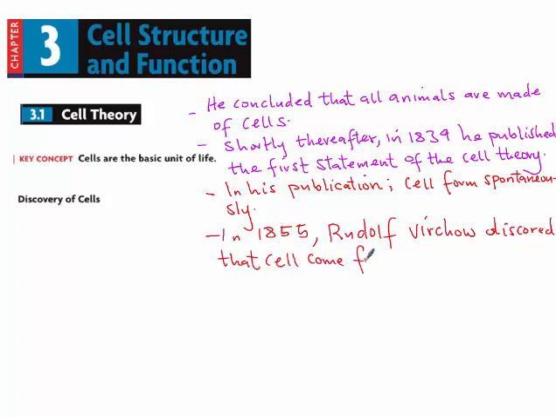He discovered that cells come from existing cells, and this of course crushed the first belief by Matthias in his publication, where he was claiming that cells form spontaneously. So he crushed this theory as he came up with the real evidence. So we will stop there for now.